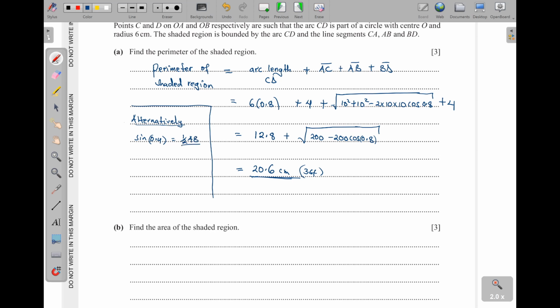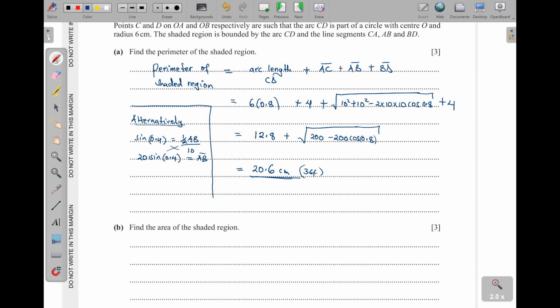Then we divide by the hypotenuse, which is 10. Now when we cross multiply, of course this half, this 2 here, we'll multiply with the 10 here. It becomes AB over 20. So when you cross multiply, you'll have 20 sine of 0.4, which will be equivalent to AB.